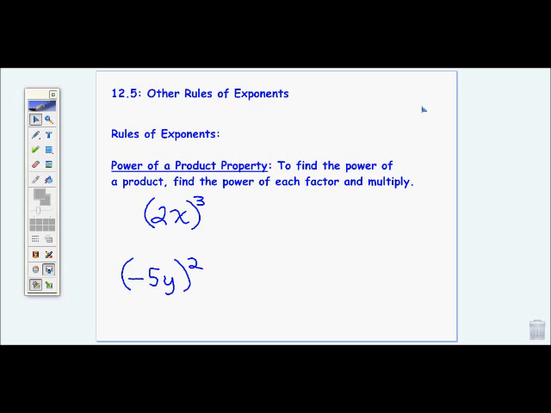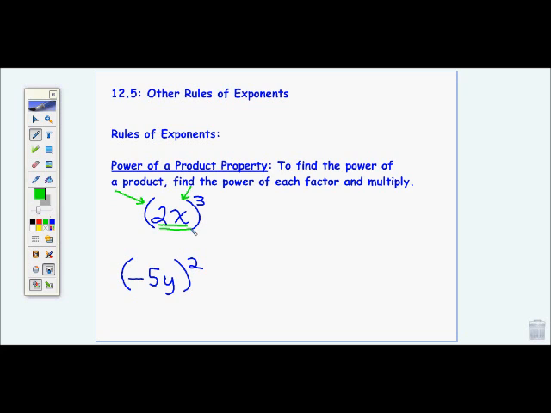The power of a product property is to find the power of a product. You need to find the power of each factor and multiply it. So in our first example, it says 2x, and we want to cube that term. Notice that we have the parentheses around here, so what's being cubed is what's inside the parentheses.